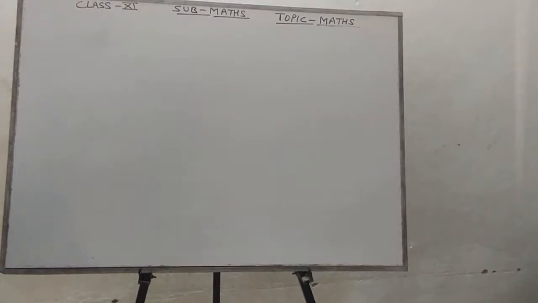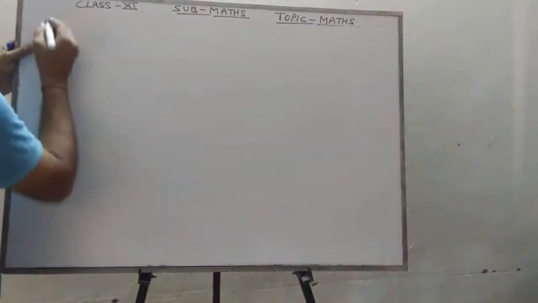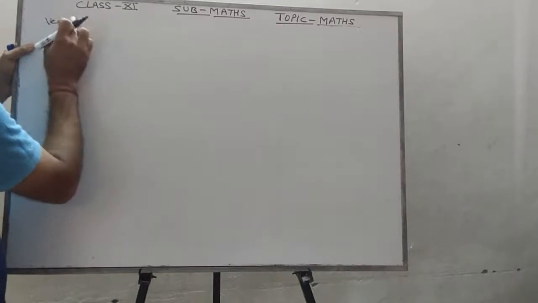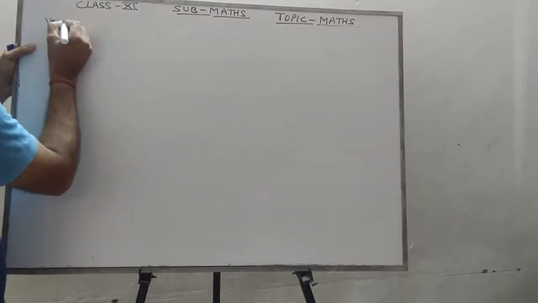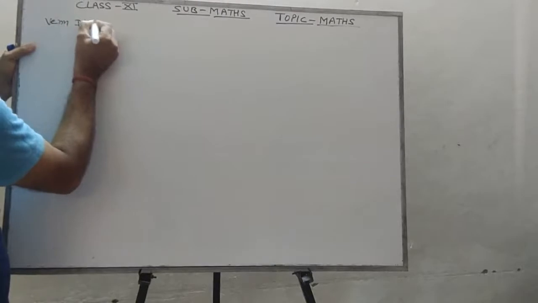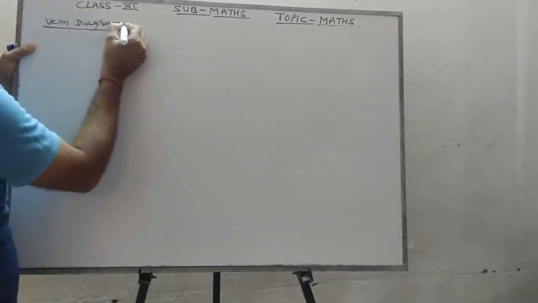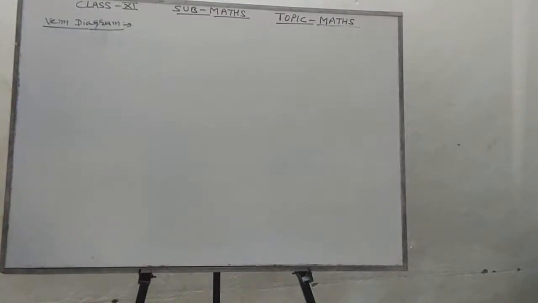So, what is a Venn diagram? A Venn diagram is the diagram which represents most of the relationships between the sets.